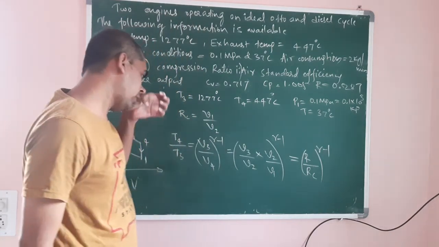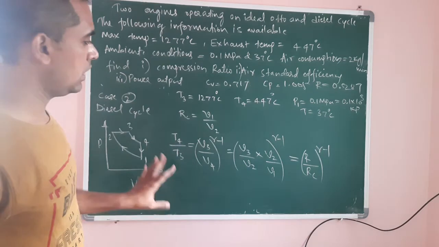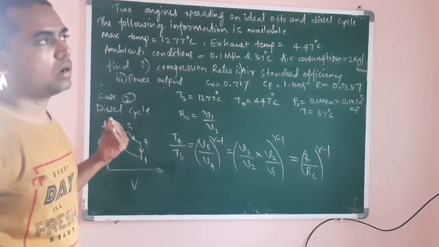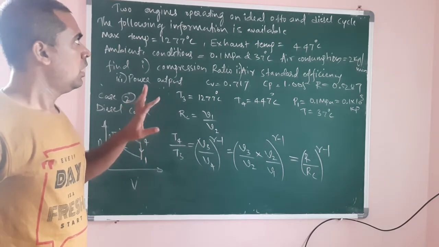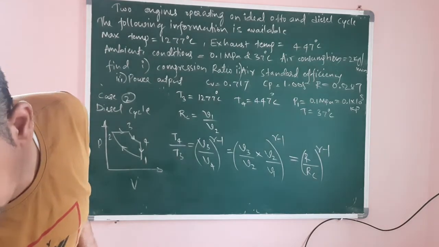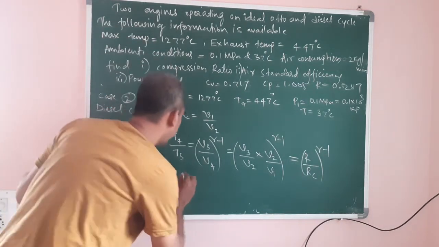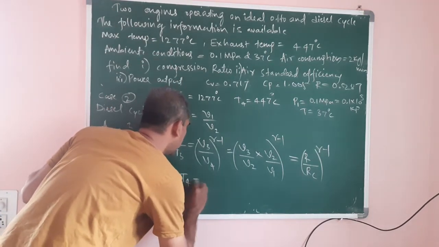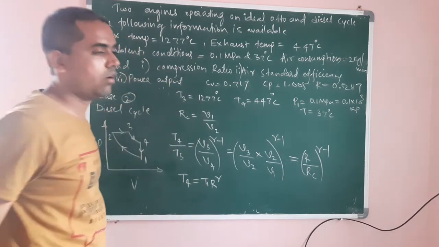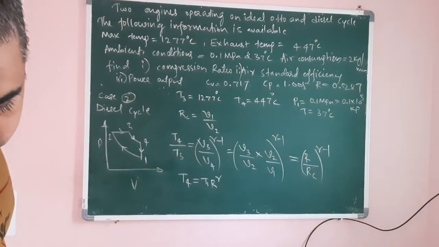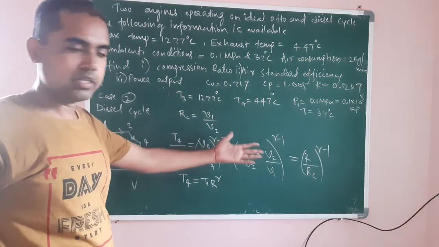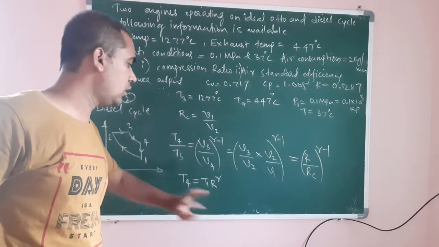In the previous lecture video, the derivation for the efficiency of a diesel engine, we have calculated T4 in terms of T1. We know T4 equal to T1 into r raised to gamma. We have derived this, so I don't want to go through the previous video again.